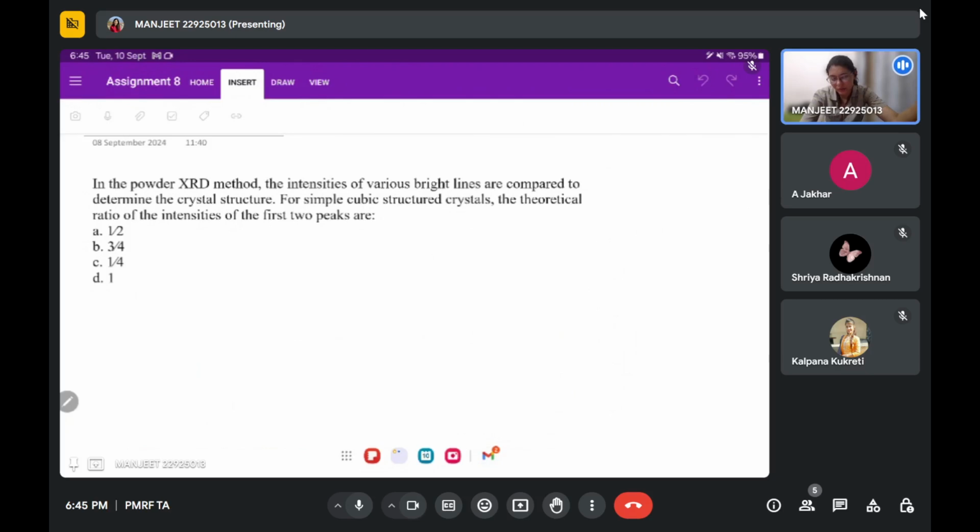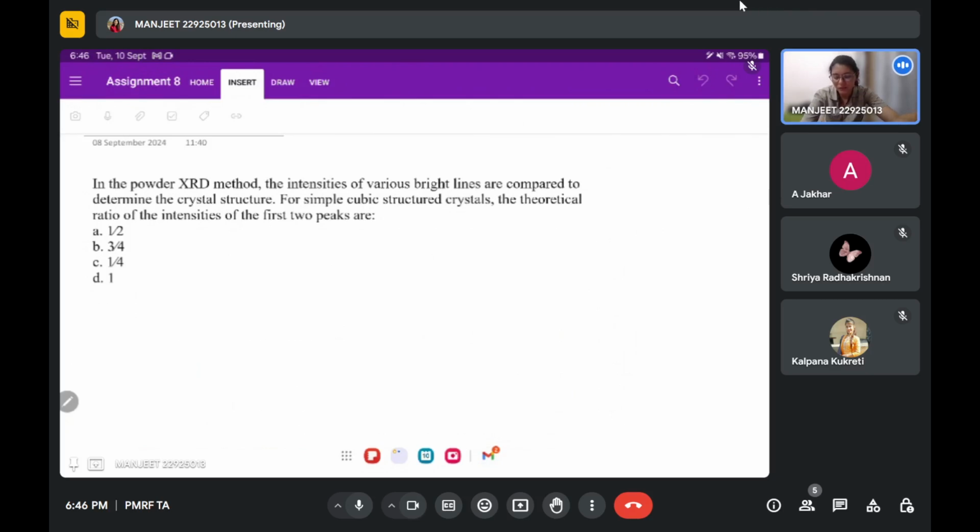For the simple cubic structure, what is the theoretical ratio of the intensity of the first two peaks? For a simple cubic, you know that all hkl values are allowed, but what will be the theoretical intensity ratio?